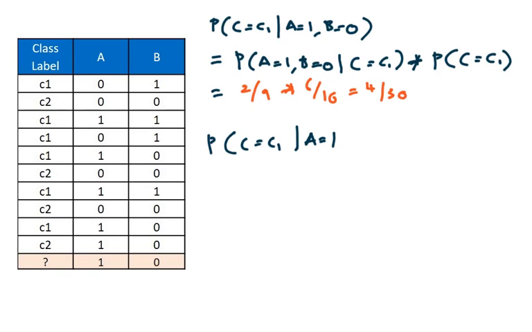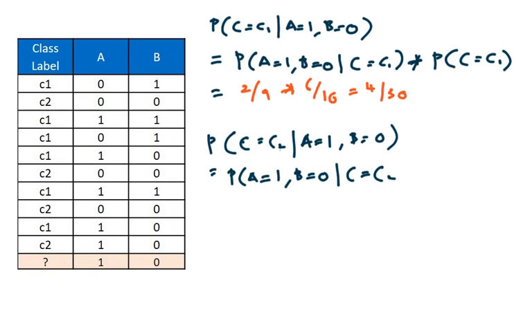The second one we are looking for is the probability of C equals C2 given A equals 1, B equals 0. This is the probability of A equals 1, B equals 0, given C equals C2, multiplied by the probability of C equals C2.